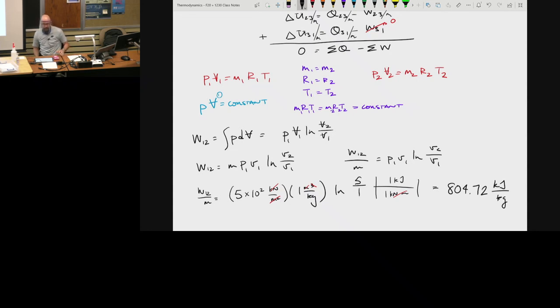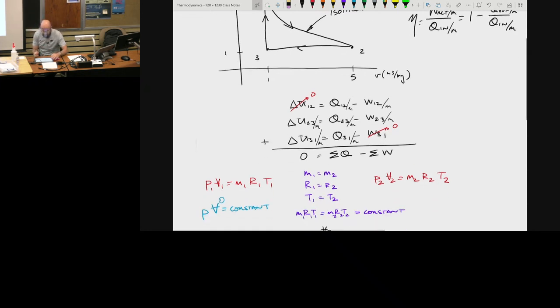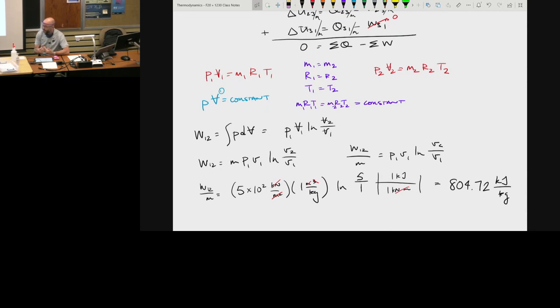I want to make sure: does that make sense? From 1 to 2, going back up to my diagram, I am expanding, going from a smaller specific volume to a bigger specific volume. Expanding means my system is working on the surroundings, and my sign convention says that is positive. I'm getting a positive answer here, so I'm pretty comfortable with that.